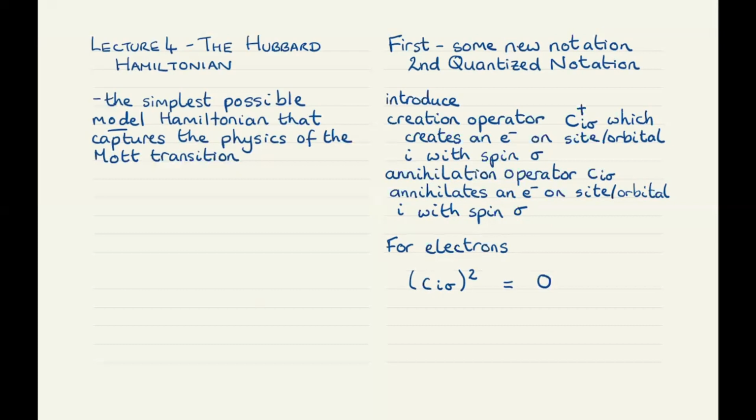So C sub I sigma squared, the operation of applying the annihilation operator twice, will always return a zero. And likewise, if I try to create an electron twice on the same site with the same spin, I will also get a zero, because I can never create two electrons on the same site with the same spin.